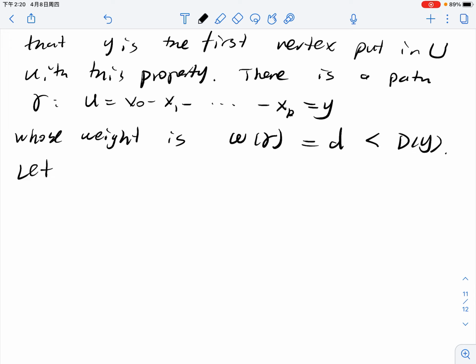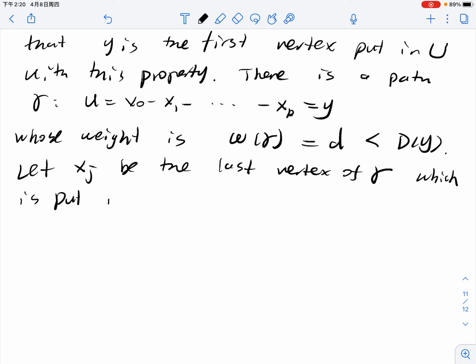And then let x_j be the last vertex of gamma which is put into U before y.